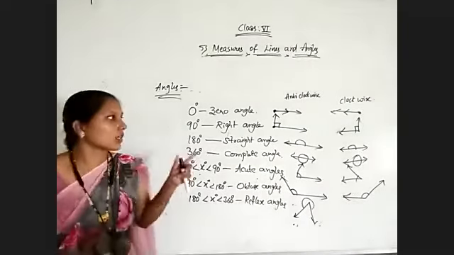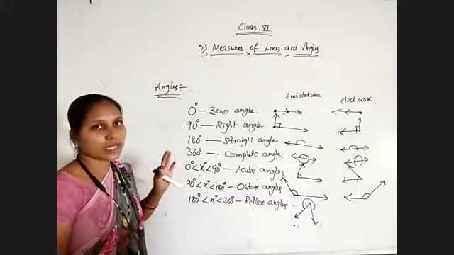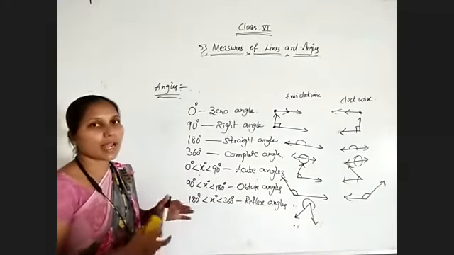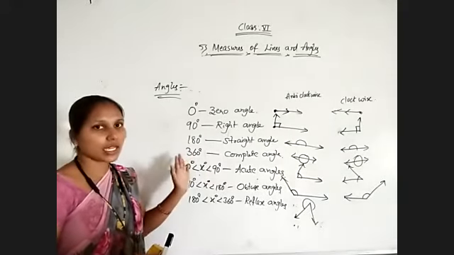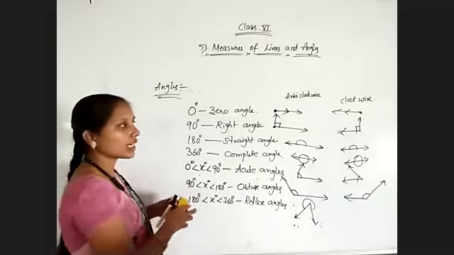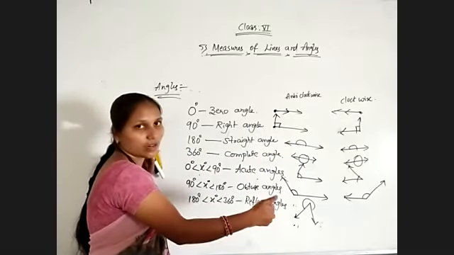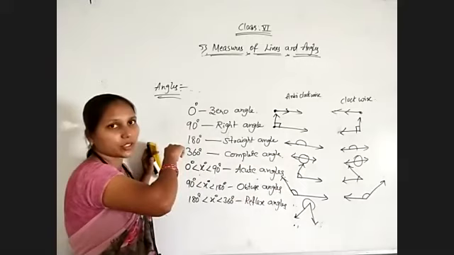So this is about the types of angles and how we are measuring these angles using the instrument called protractor. Protractor is having a semicircular shape, and on that a total of 180 degrees are mentioned in both directions, the clockwise direction and anti-clockwise direction. If we are getting the arm at the right side, 0 is starting from the inner values. So wherever you are getting 0, from there you need to count the values.